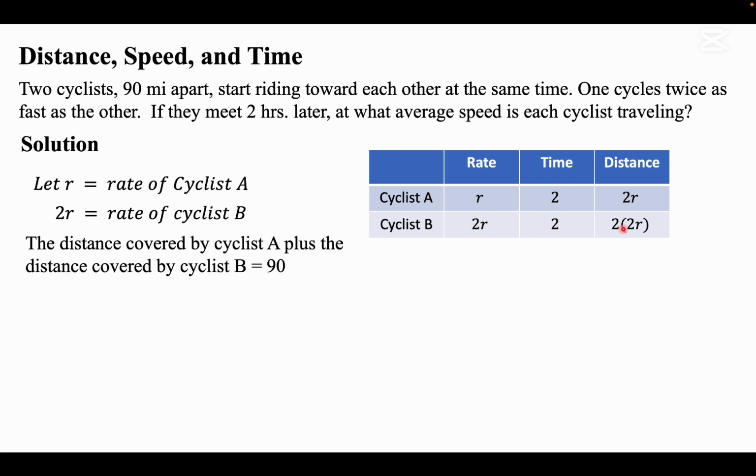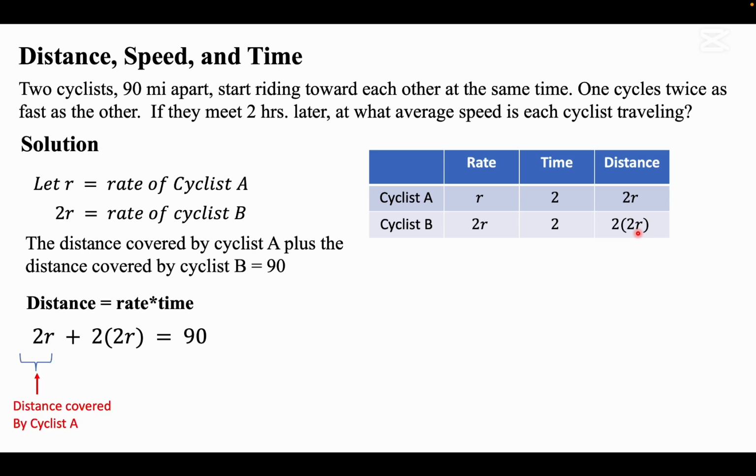So what we know is that the distance covered by cyclist A plus the distance covered by cyclist B is going to be equal to 90. So distance equals rate times time. So we have the distance of cyclist A, which is 2r, plus the distance of cyclist B, which is 2 times 2r, should be equal to the total distance, which is 90. And that's basically what we have.